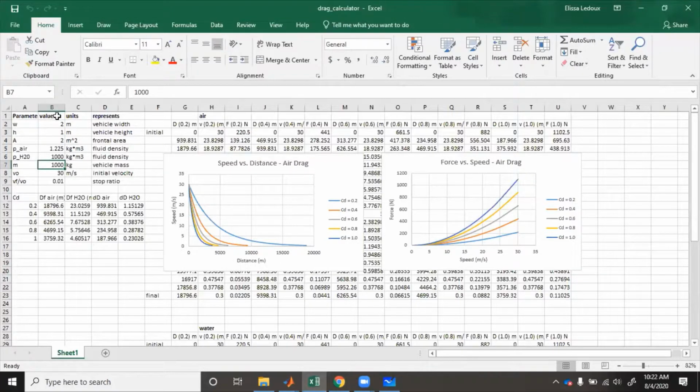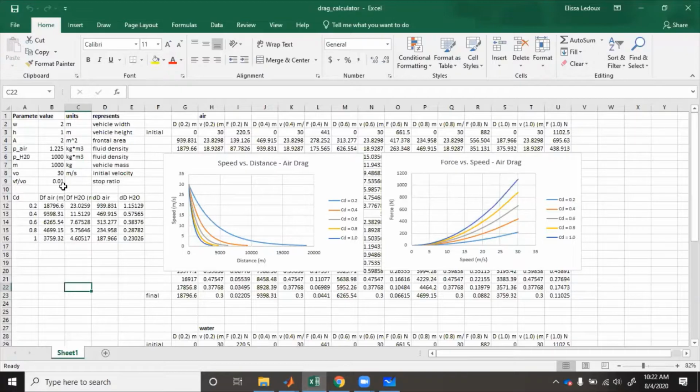You can see over here on the left some of these parameters. I have width and height, so these two are the width and height of the vehicle. Combine those to get area. Then I put in air density, water density, vehicle mass, and the velocity.